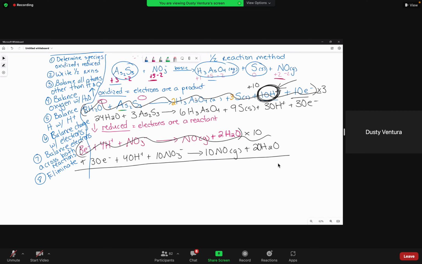Sometimes you can have waters and OHs on the same side. But there are no OHs on the screen right now. We have not added any hydroxides. You're looking at 40 H pluses right here.